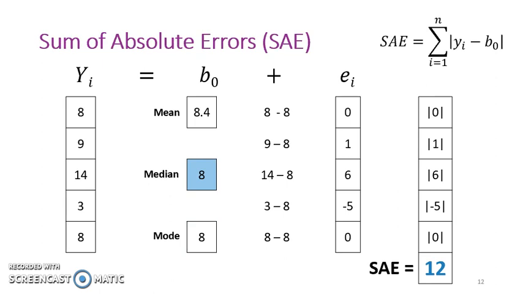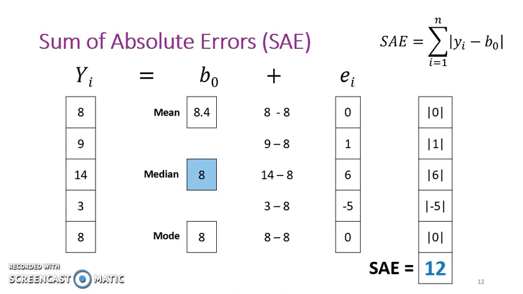For the sum of absolute errors, the best estimator of B0 is the median. The column under the plus sign uses the median to calculate the difference between each score and the median. In this example, the median and the mode are the same, so we have these differences calculated the same as they were in the last example where we used the mode.